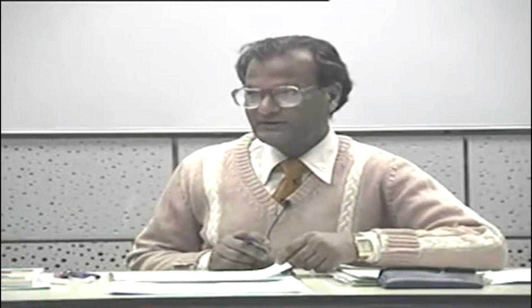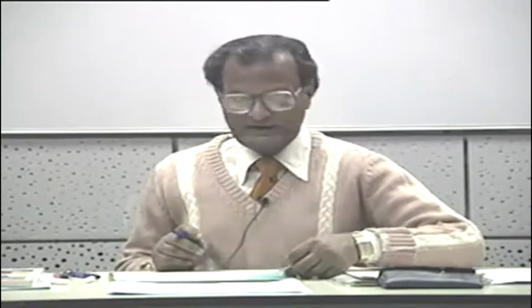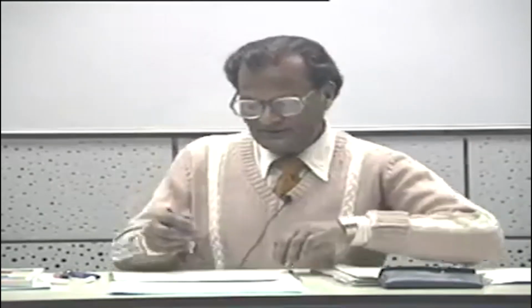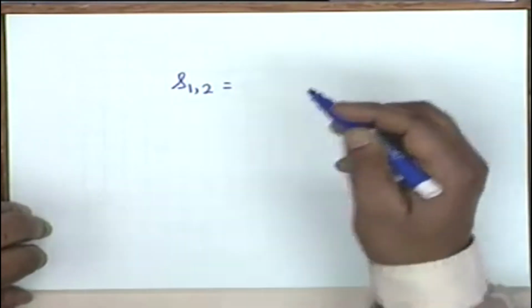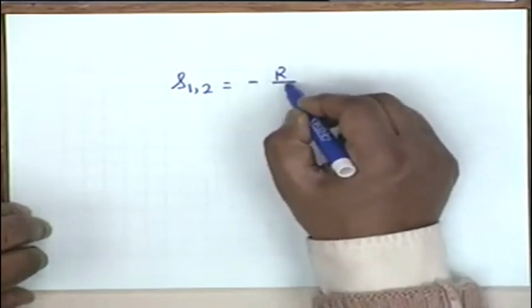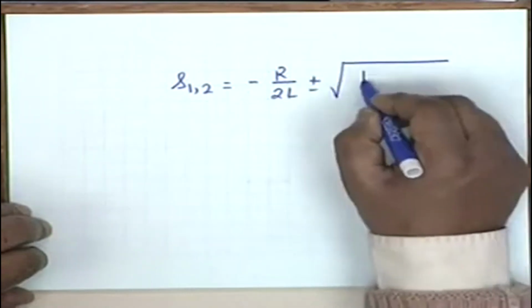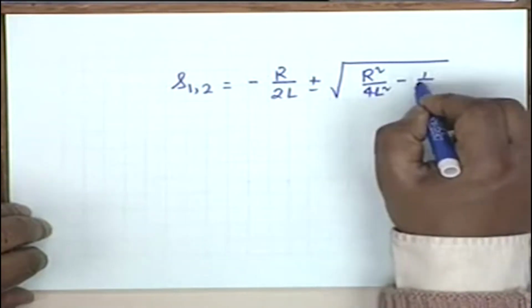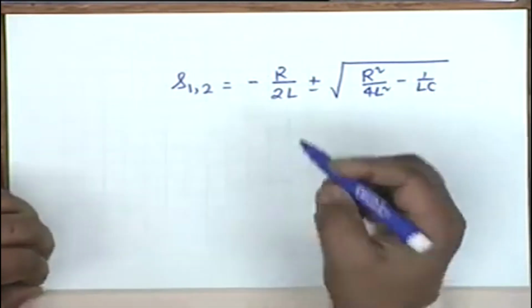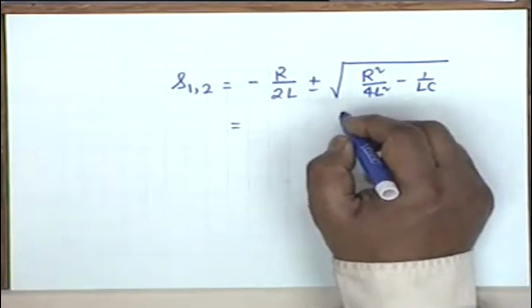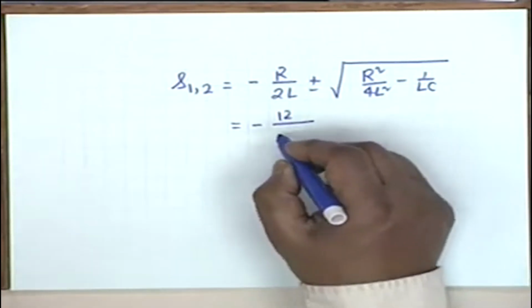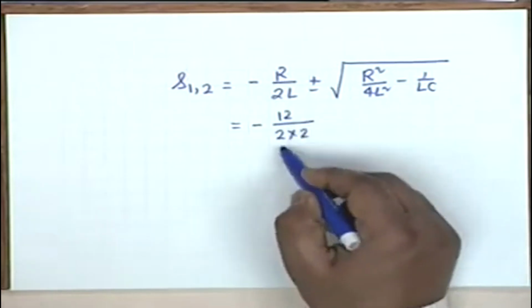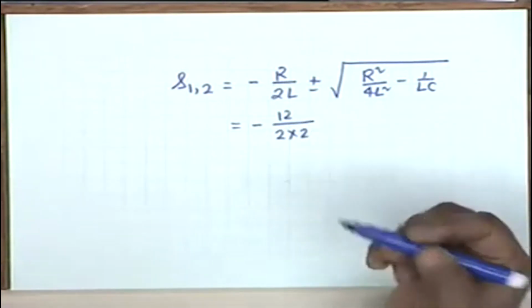Now to determine the natural response, I must find Z of s and its zeros. Without writing Z of s, I know that the natural response shall be determined by s1,2, where s1,2 is minus R by 2L plus or minus the square root of R squared by 4L squared minus 1 over LC. This result I already know. I don't have to write this again and again. In this particular case, R is 12 ohms and L is 2 Henry, so 2 times 2, 12 by 4 is 3.